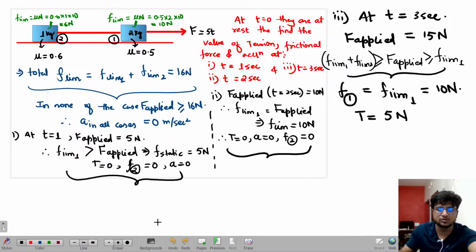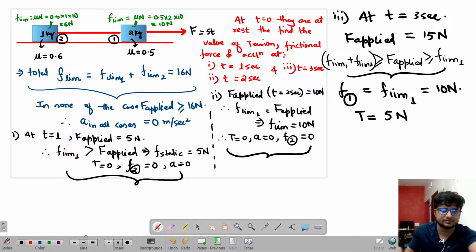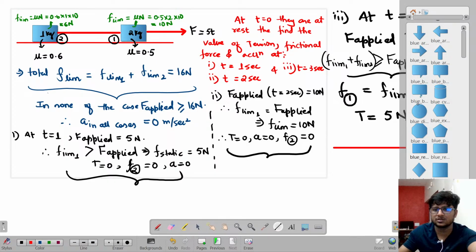Means this 2 kg, what is it going to do? On this 2 kg, wait, let me put the shapes over here. Okay.